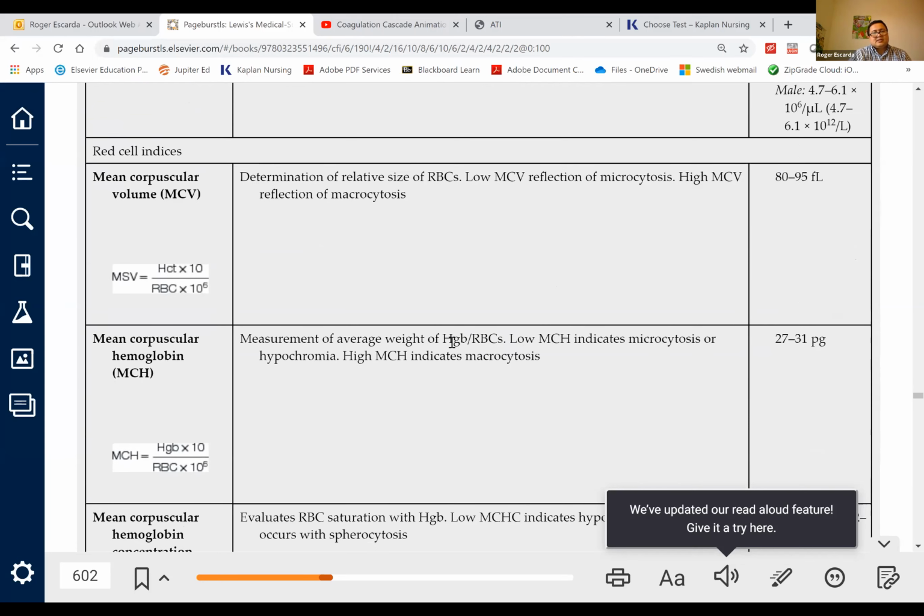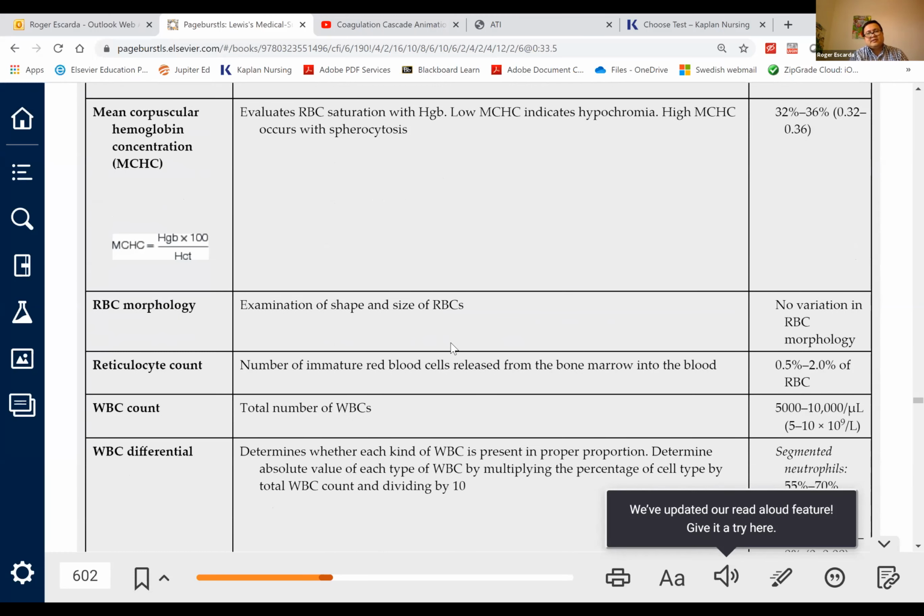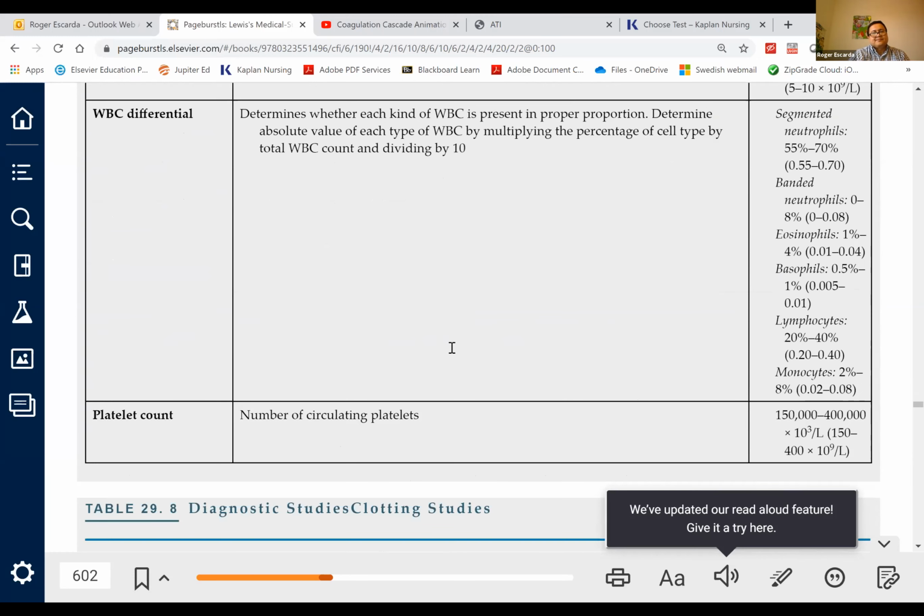His platelet count is 130,000. What would be appropriate questions to ask Robert?